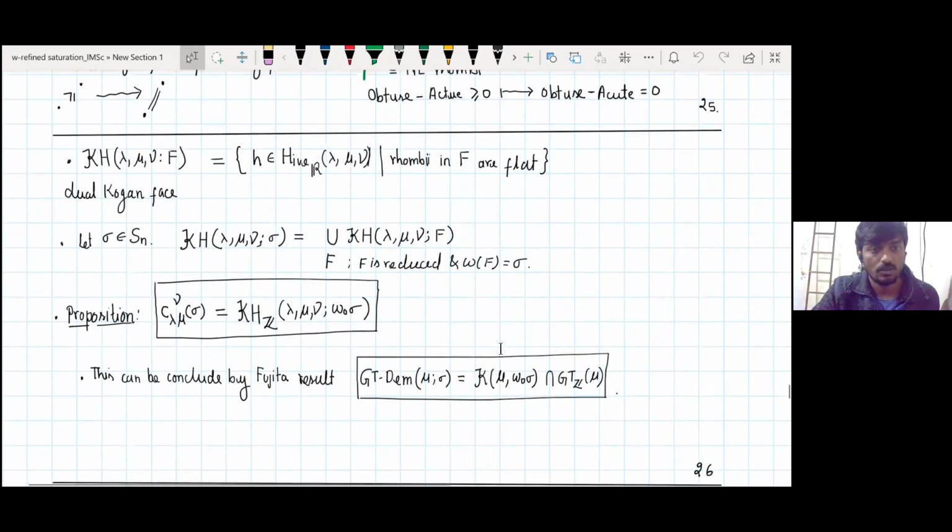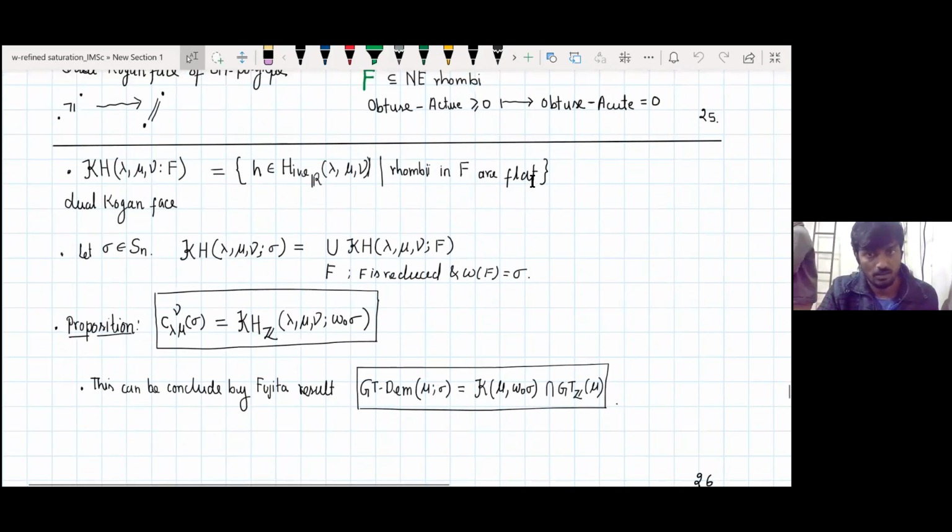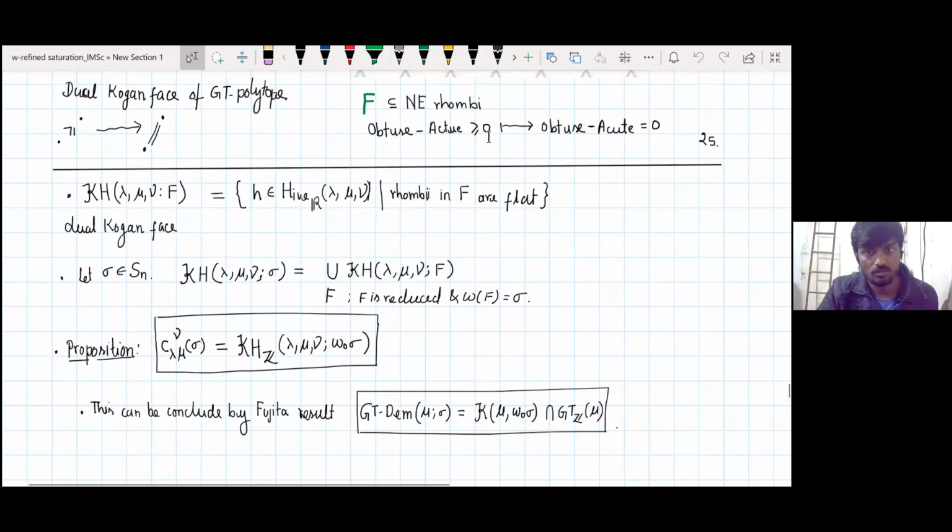So here also you can define a dual Kogan face. Now we are taking lambda, mu, nu, because the boundary is labeled with lambda, mu, nu. If you have a face F, then take the collection of all hives with rhombi in F flat. Now put obtuse minus acute equal to 0.